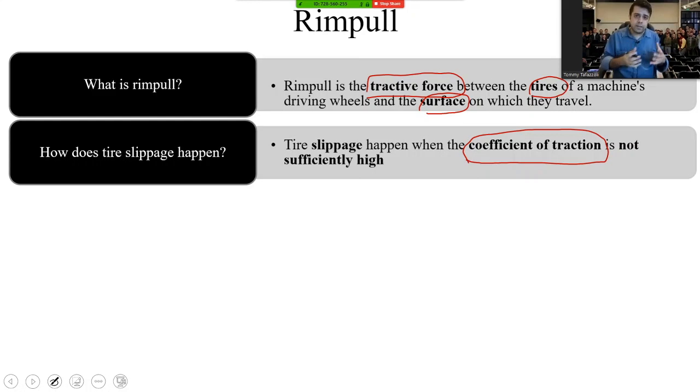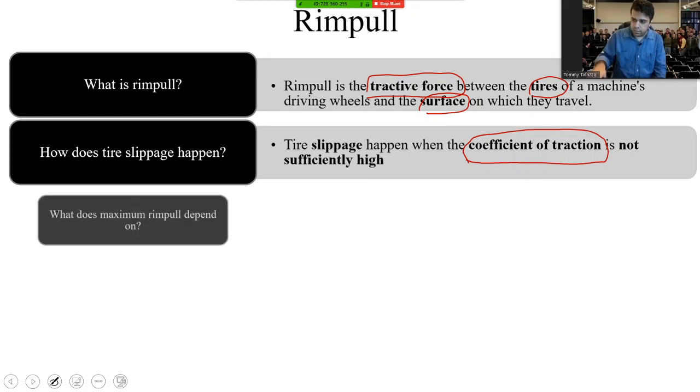In fact, the coefficient of traction should be high enough so that the force the tires apply on the surface will be enough to move the car. We'll talk more about coefficient of traction in a little bit.